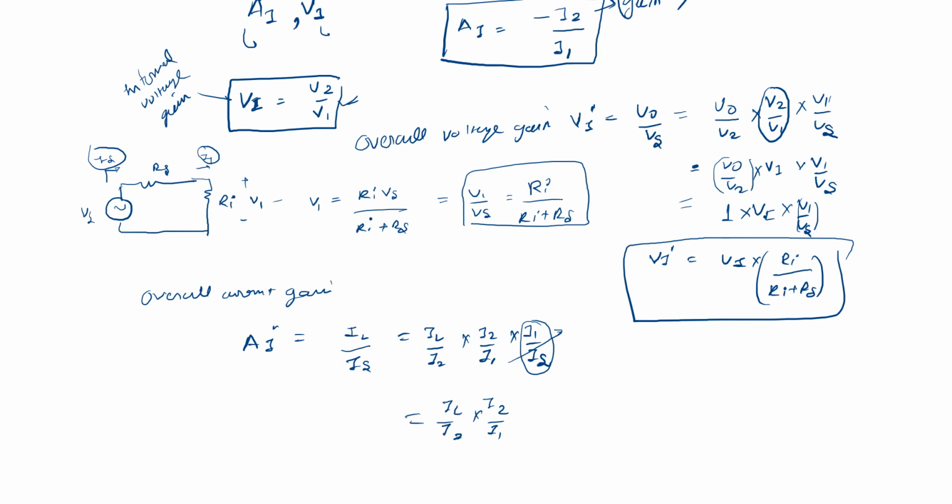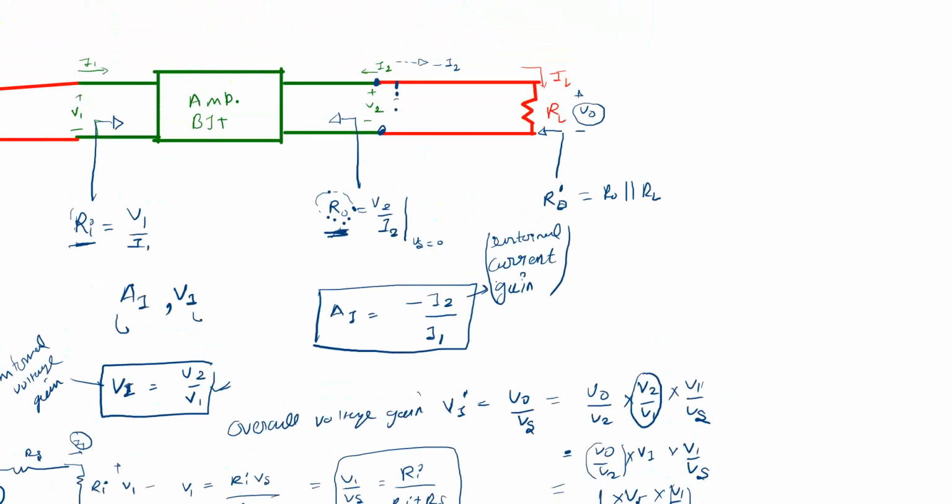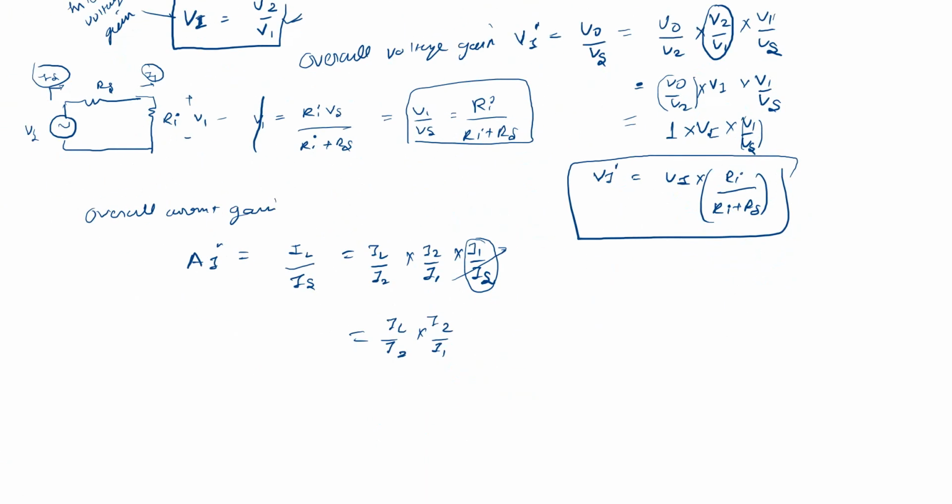Now we need to see that IL equals minus I2. So you put the value here, that is minus 1 into I2 over I1. So what is I2 over I1? We have already calculated the current gain here.